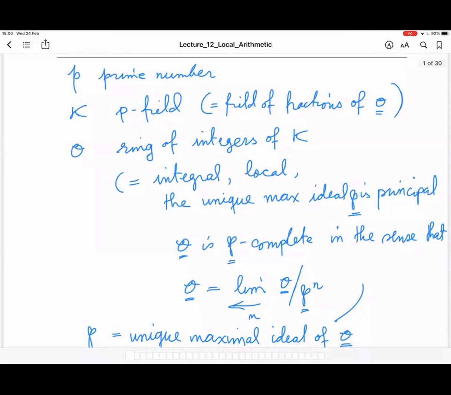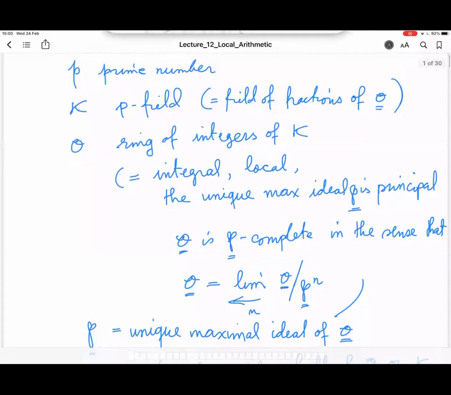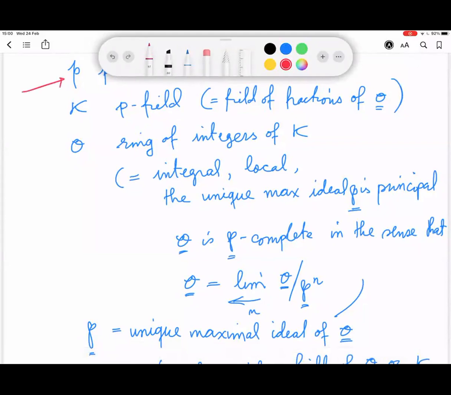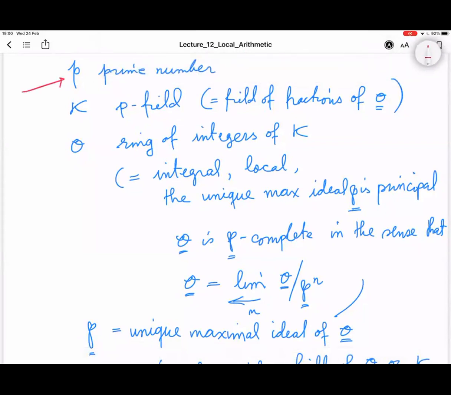So we have this prime number P, and we have a P field K. Now, as I explained last time, a P field is just the field of fractions of a certain kind of ring O. And what kind of ring is O required to be? It's of course integral, but it's also local.